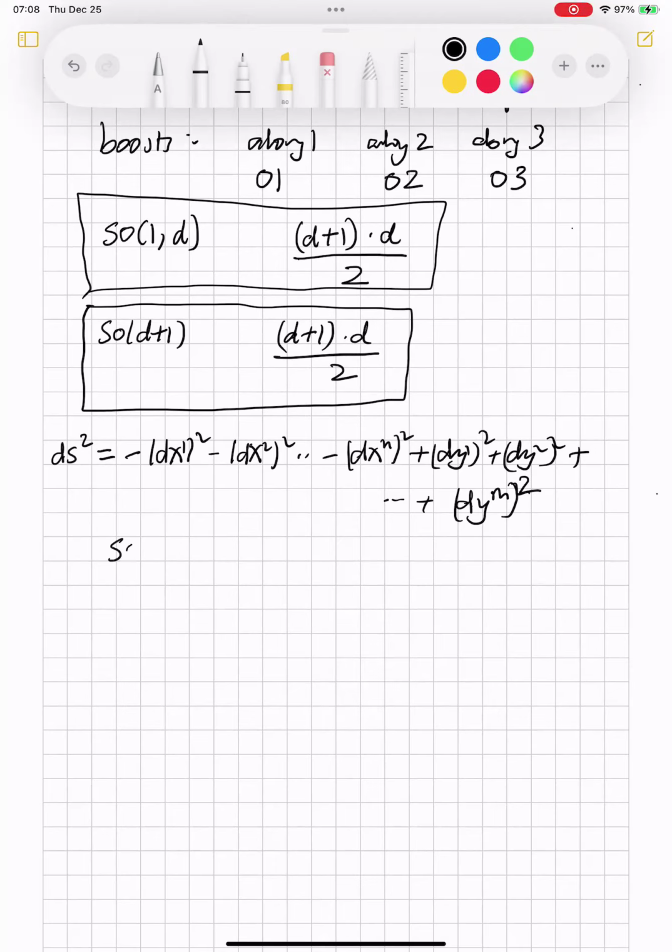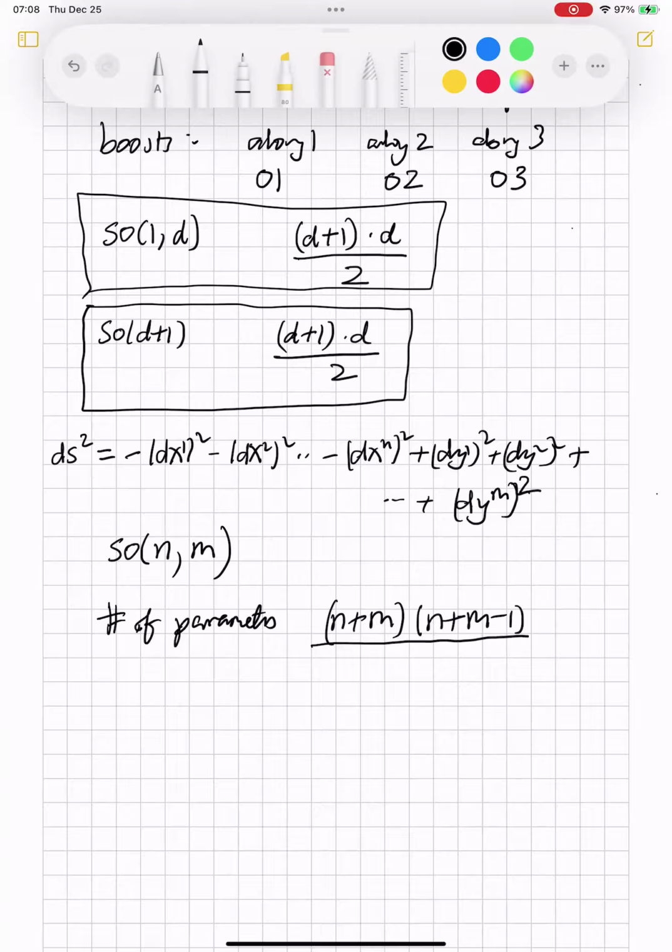What do we call this group? This would be SO(n,m), because there are n directions with a minus sign, m because there are m directions with a plus sign. And what would be the number of parameters? Well, you would take n plus m, that's the total number of directions, times n plus m minus 1, divided by 2.